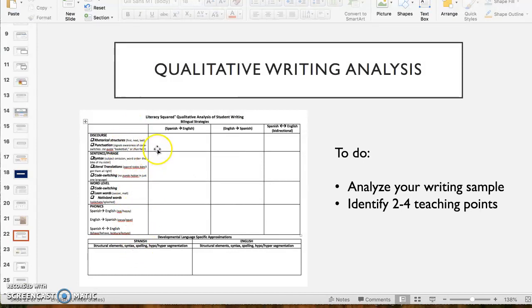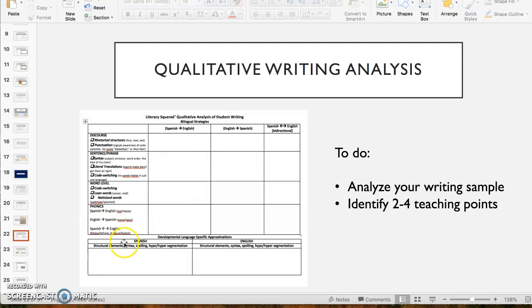So what this rubric trains you to do, and again, these are students who are originally Spanish speakers who are becoming English speakers, so we call them simultaneous bilingual learners in English and in Spanish. So we're just going to be working with this first column here, the Spanish to English, since we don't have their Spanish writing sample to analyze.